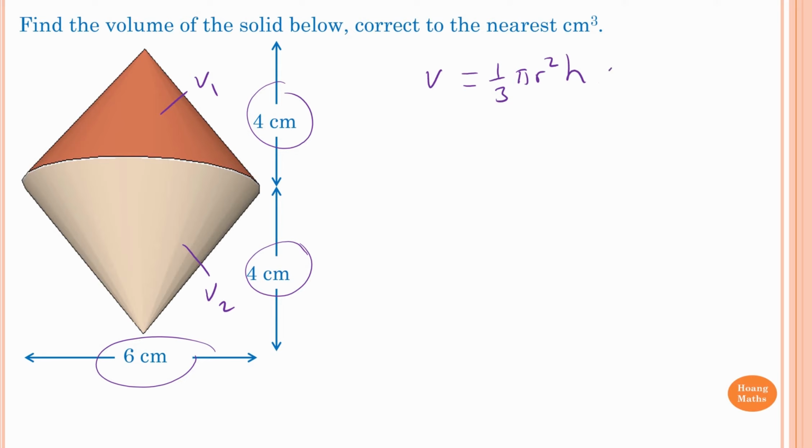And we have two of them the same, so you just times by 2. So that becomes 1/3 pi times the radius squared, which is 3, because half of 6 is 3, so 3 squared, and times the height of the cone, which is 4, and you times by 2, got two of them. And that's all it is.